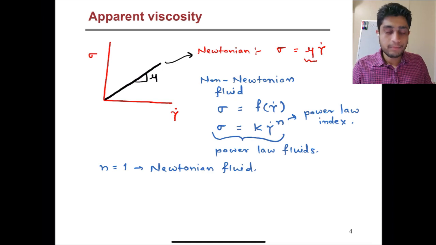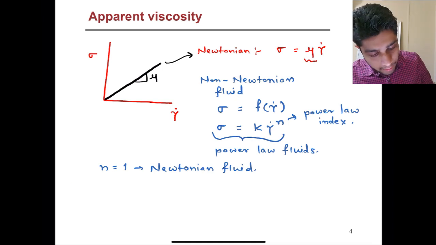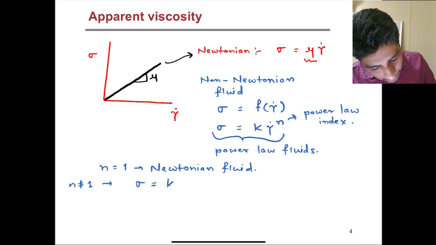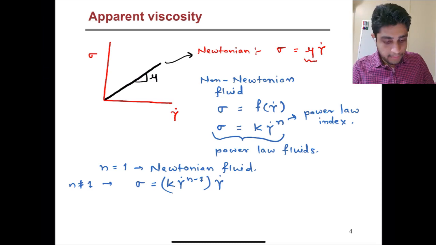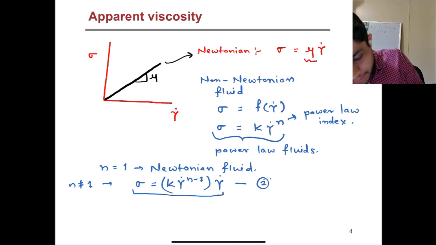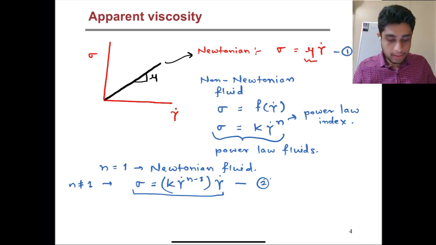But let's say n is not equal to 1, then we can rewrite this equation like this: k times gamma dot raised to n minus 1 times gamma dot. So now if you look carefully at equation 2 and compare it with equation 1, you can see some similarity here, right?